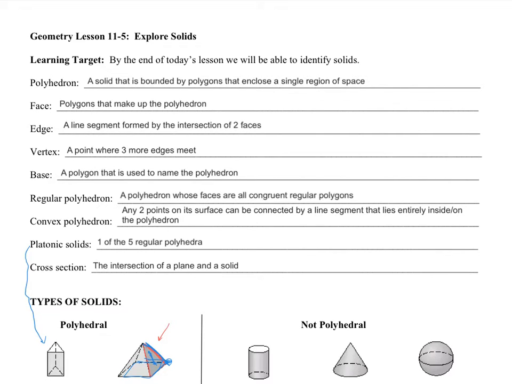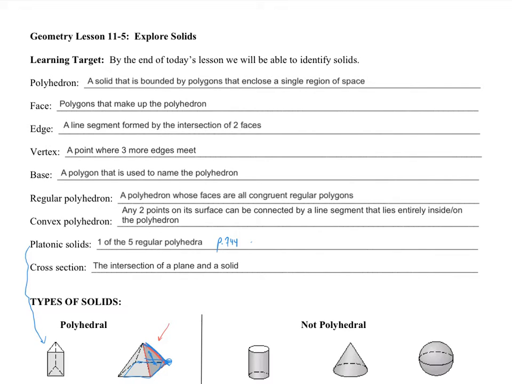And if we go to your textbook, page 744, it lists the 5 types of polyhedra, or Platonic solids. Make sure you look into that.